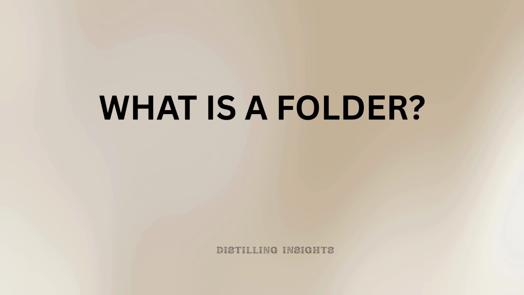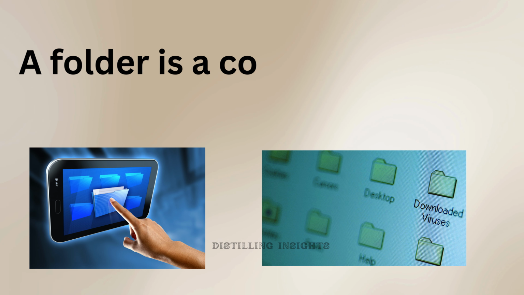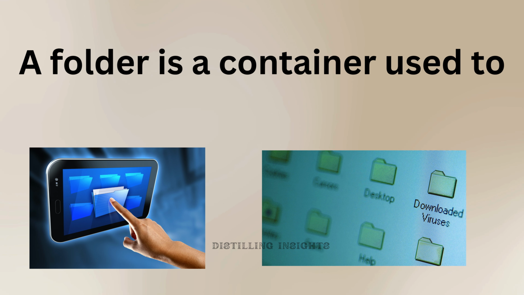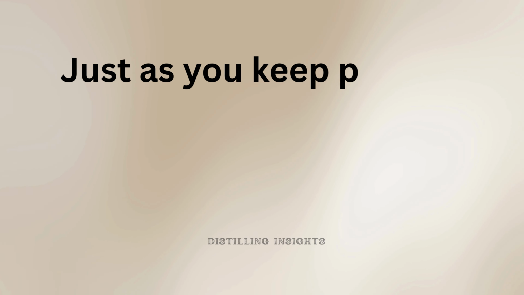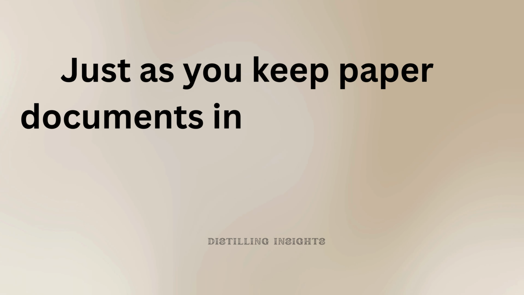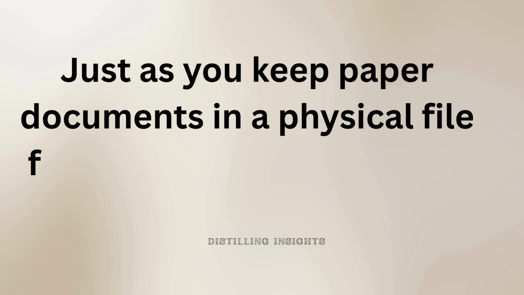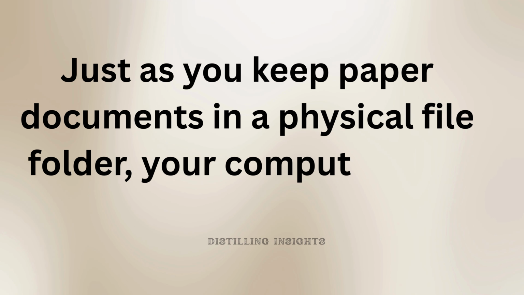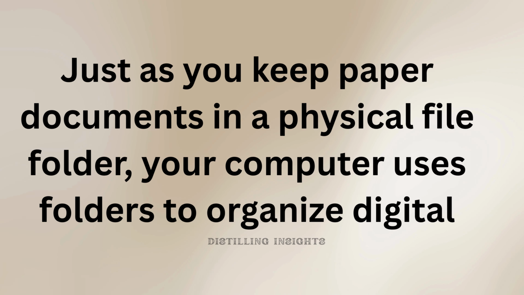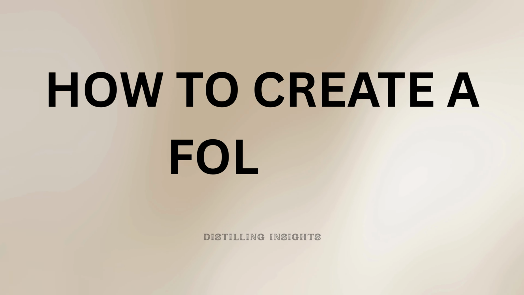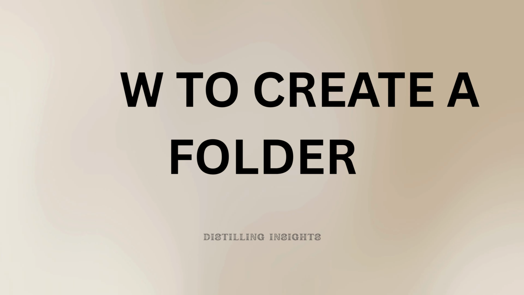A folder is a container used to store and organize files. The same way you keep paper documents in a physical file folder, your computer also uses folders to organize digital files.